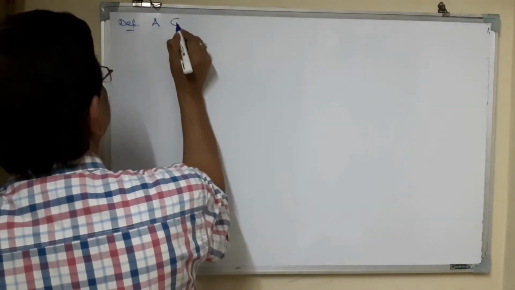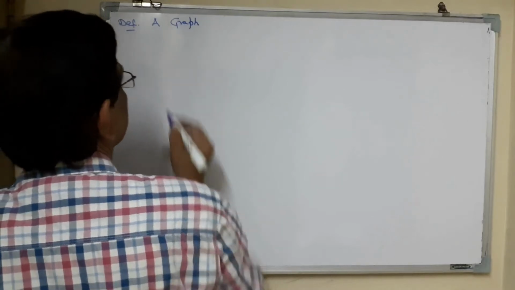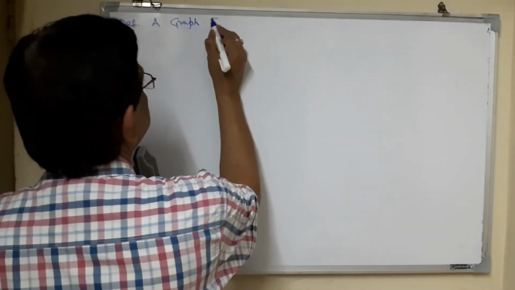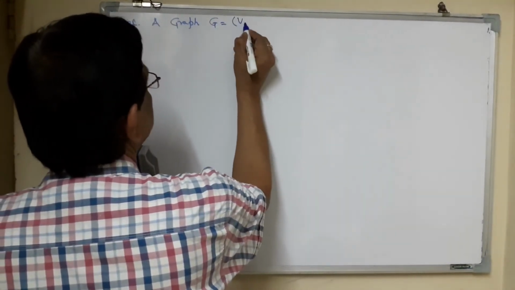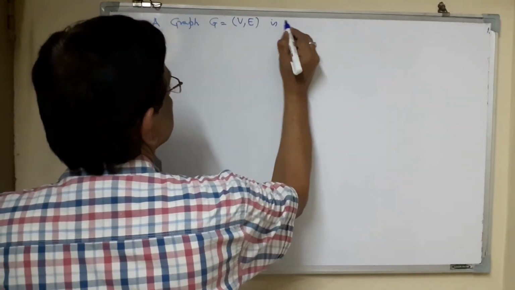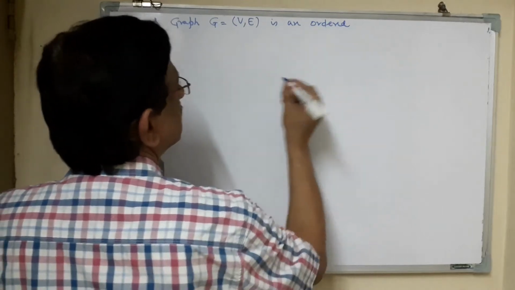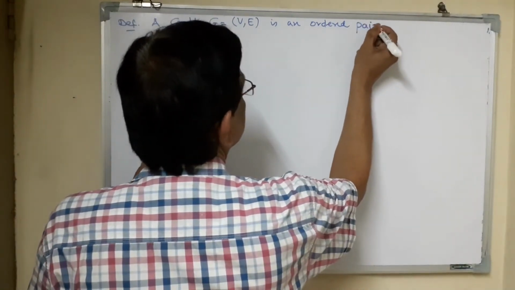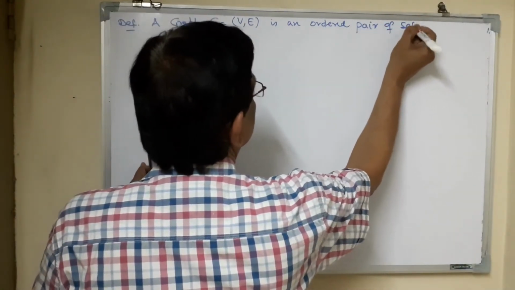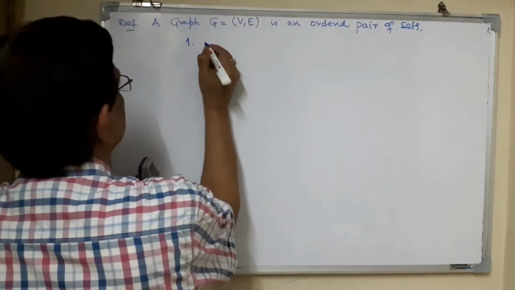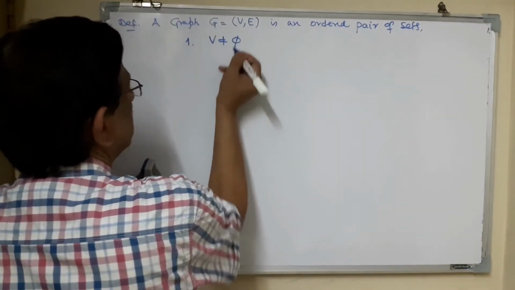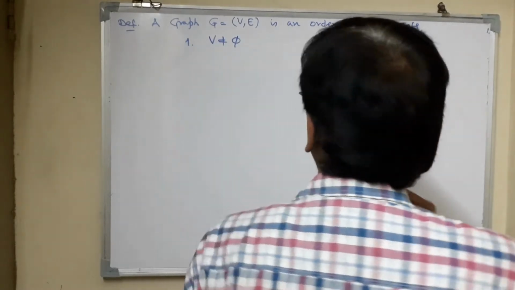A graph, I'm defining mathematically. A graph G is equal to (V, E), an ordered pair of sets. V is non-empty. It is a set, a non-empty set.